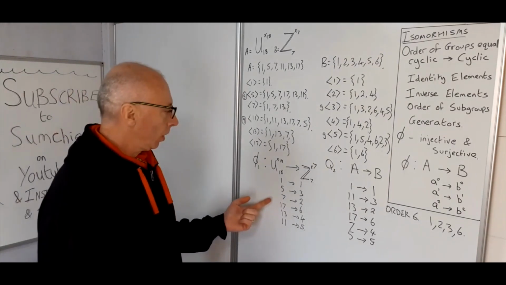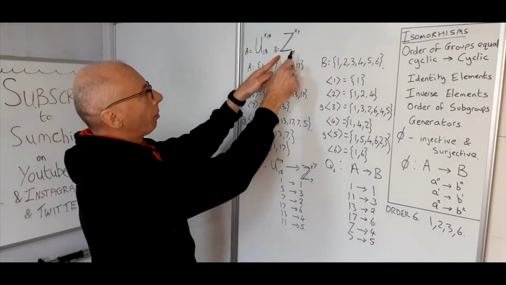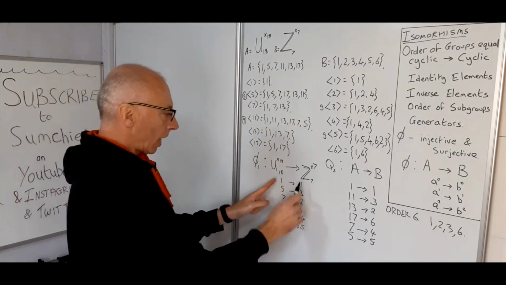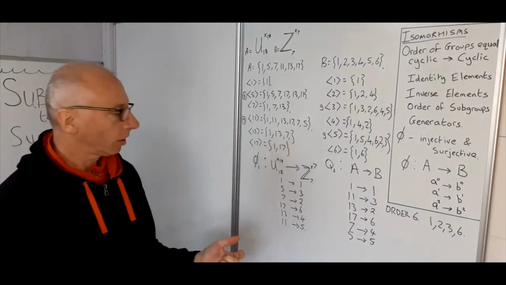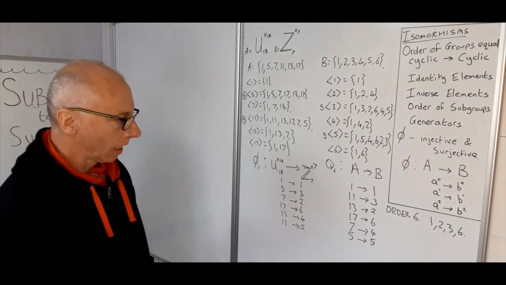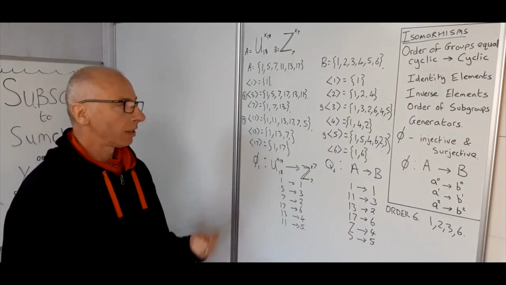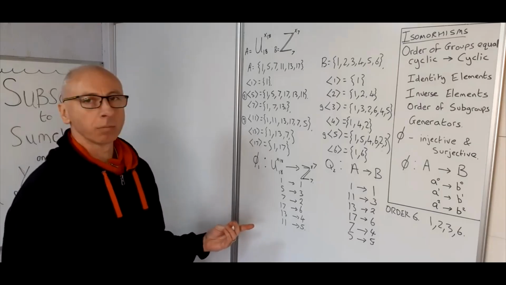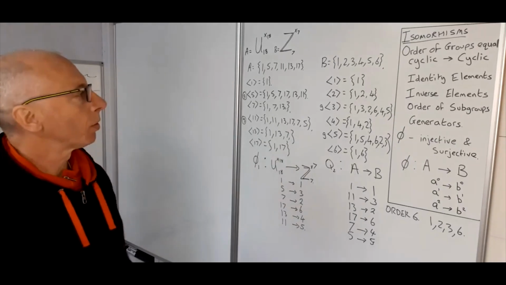So if you draw up a Cayley table for this group and this group, and then mapped up each element on the other one, giving it a colour, you'd find the pattern of the Cayley table will be retained after the isomorphism. So I'm going to leave that for you to have a go at yourself and see if you can find any more isomorphic mappings within these 2 groups.